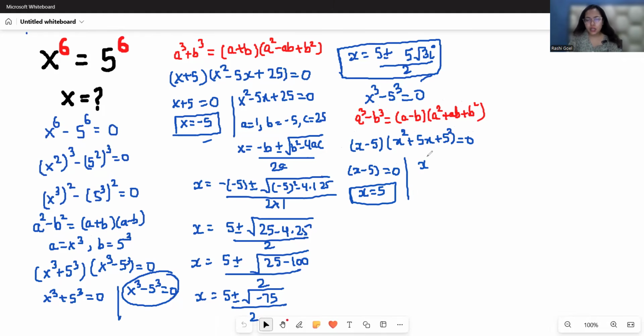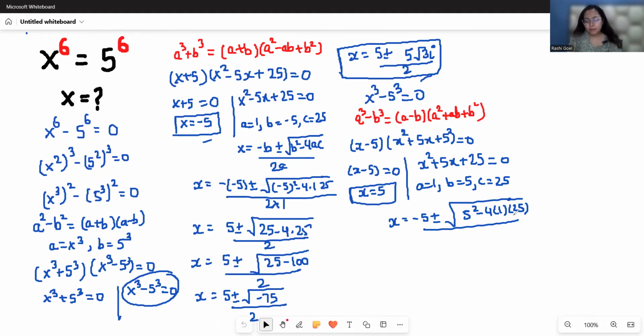And the second case, x square plus 5x plus this 5 square as 25 equals 0. So again, I am going to use the quadratic formula, where a is 1, b is 5 and c is 25. So x equal minus 5 plus minus under root 5 square minus 4 times 1 times 25 by 2 times 1.